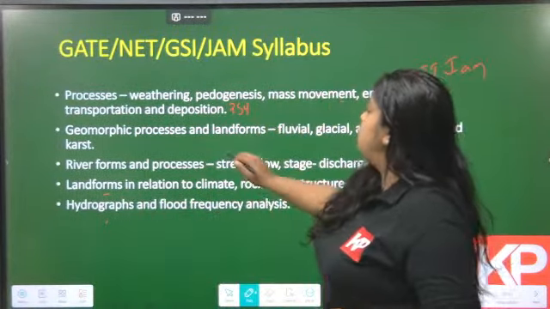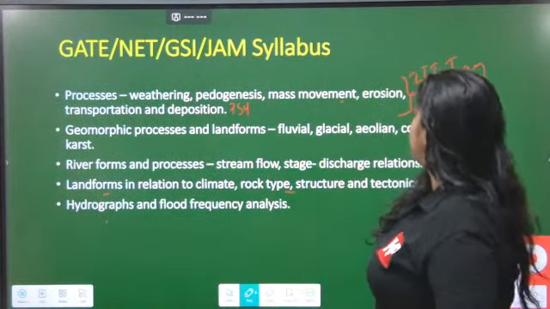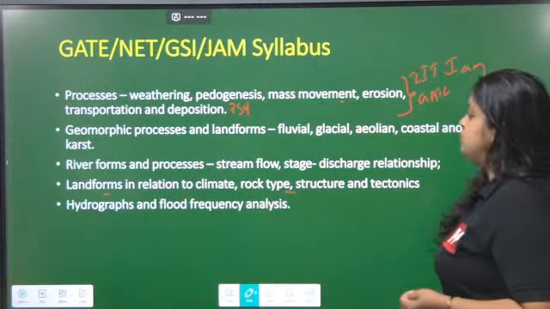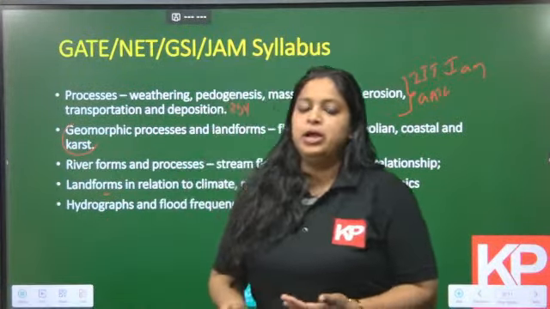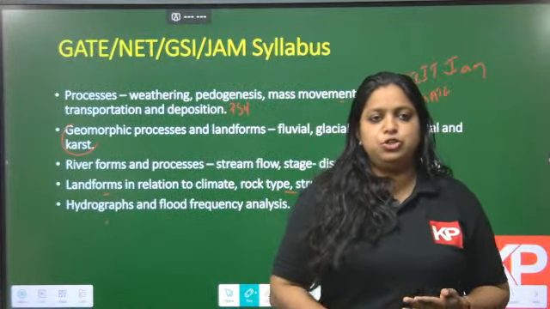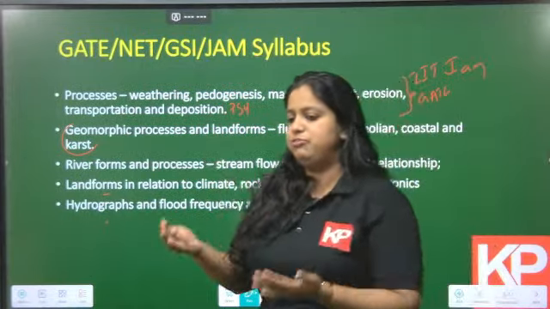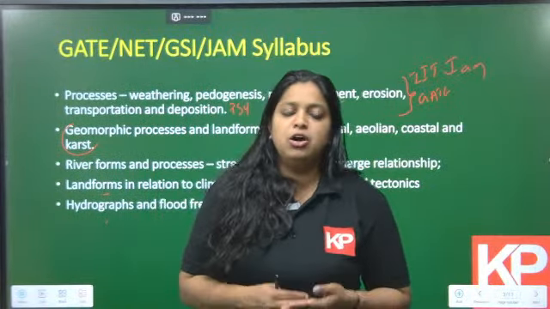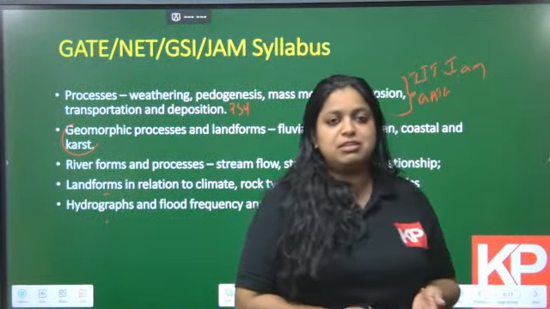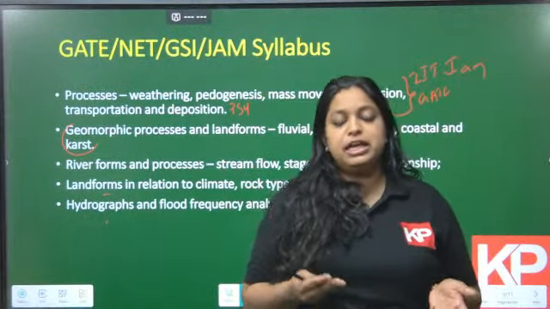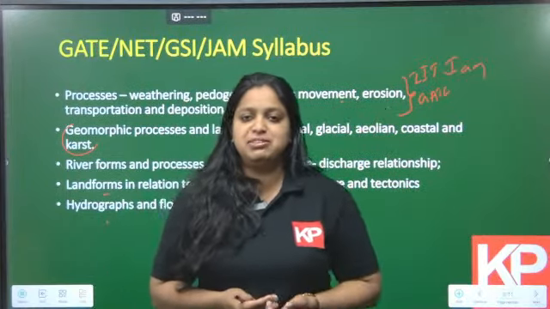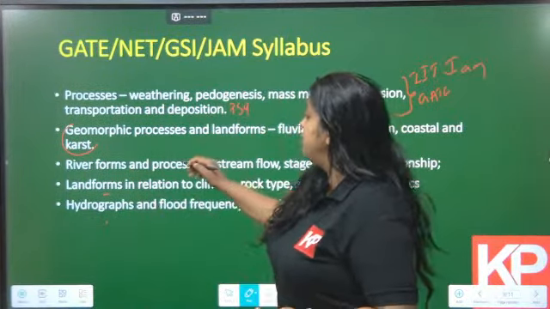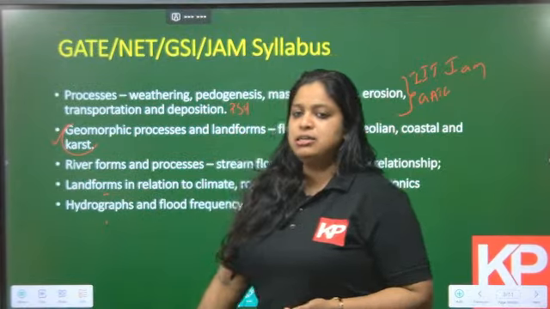Next one is geomorphic processes and landforms: fluvial, glacial, aeolian, coastal and karst topography. This is important for all the competitive exams related to geology, whether it is a PSU or UPSC examination or a GATE paper or IIT JAM or MSc entrances. This second chapter is a very important section.